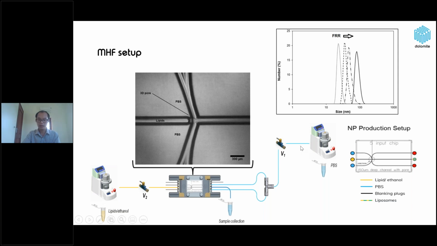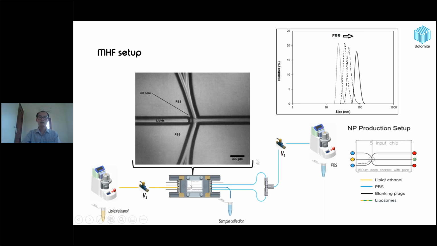The other aqueous phase or buffer solution is pumped into the outer channels, and it will generate the flow focused stream at the chip junction to generate the lipid or liposome nanoparticles.